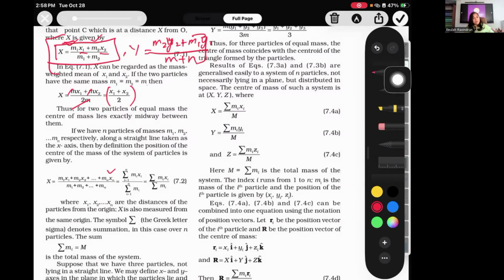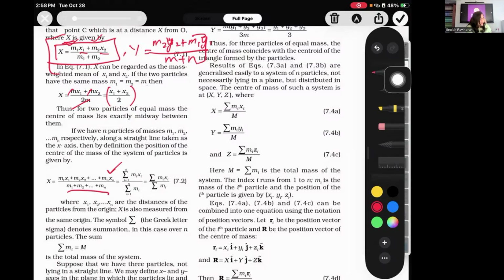This formula for the center of mass can be extended until n number of particles. For two particles, you took (m1 x1 plus m2 x2) by (m1 plus m2). For the total system of n number of particles, it will extend until m1 x1 plus m2 x2 plus and so on until mn xn, divided by m1 plus m2 plus etc. until plus mn.